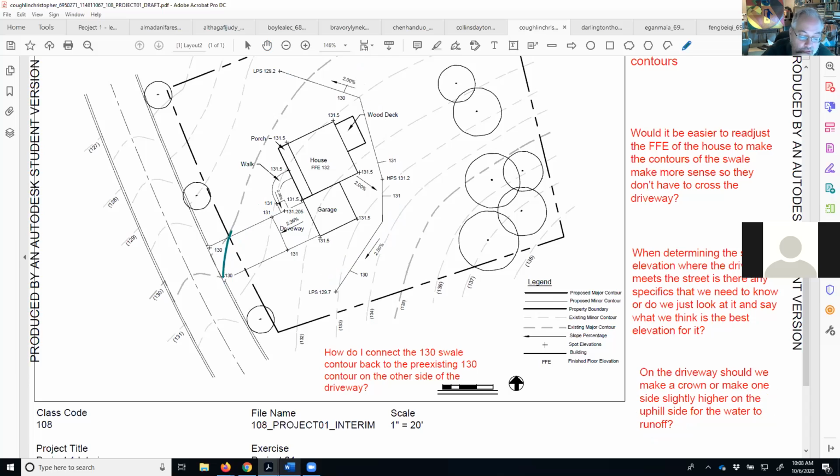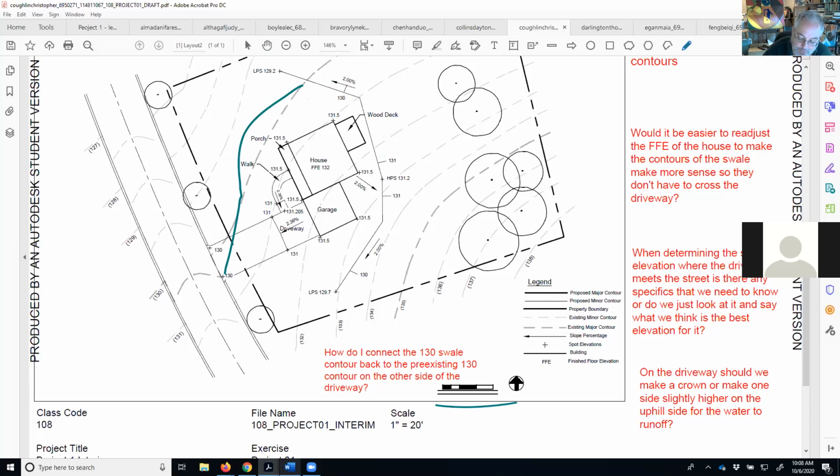And then the question is, where does it go? Does it come out like this and then come up and make part of a swale as it would in the way you've designed it? Or if we move the swale so it just stops there, then the question is, does the 130 simply go around a little bit and reconnect? And that's up to you. Either one will work just fine.